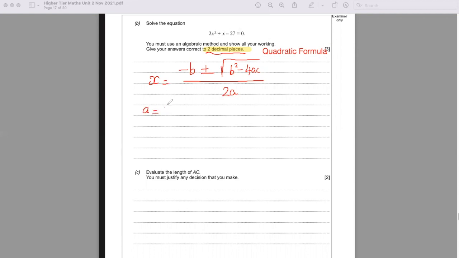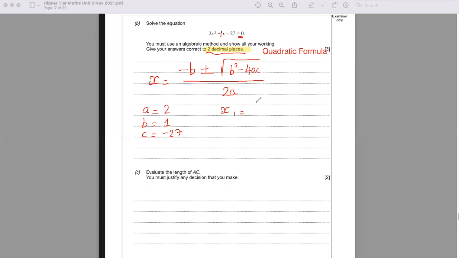Your a here is 2, the coefficient of x squared. Your b here is 1, the number in front of the x, and your c here is minus 27. And remember that only applies to ax squared plus bx plus c equals 0. If it's not equal to 0, you need to manipulate and change it to equal 0 first. So let's just substitute that in.